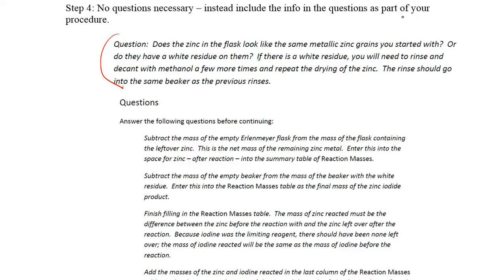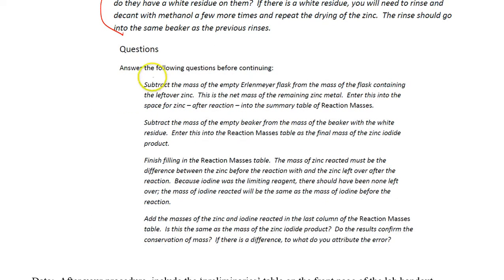I think that really should be in your procedure, that direction, rather than listing it as a question that you would answer for me to grade. The other sets of questions that are found a little later in part 4 talk about how to analyze your data or how to fill out your data table. So I would leave those out. It's up to you. Again, those are optional if you want to include them on how to calculate the data.